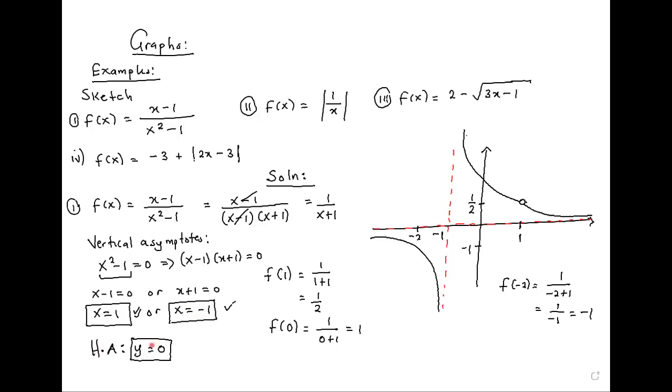Horizontal asymptote, you compare the powers of the numerator and of the denominator. If the power of the denominator is higher than that of the numerator, then you get y is equal to 0. So then, looking at the denominator now, when it was factorized here, you realize that this part is also in the numerator.